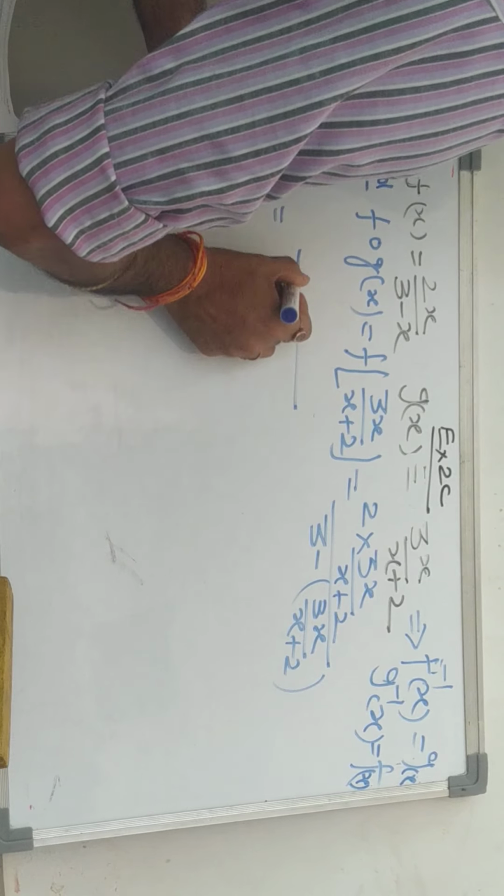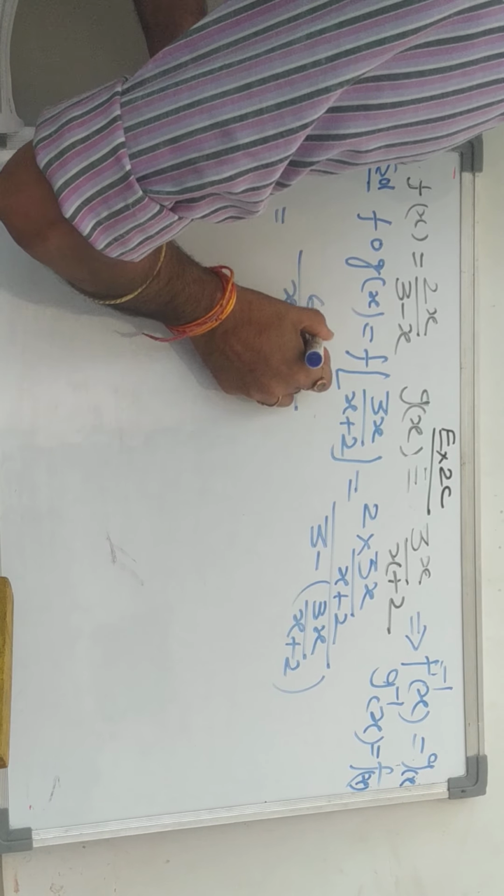Now x plus 2 is taken as the LCM in the numerator, giving 6x.